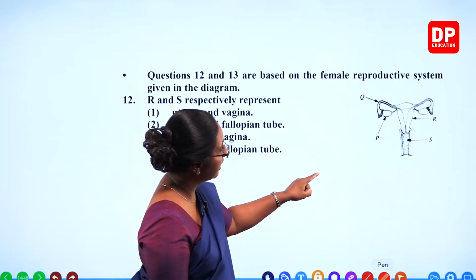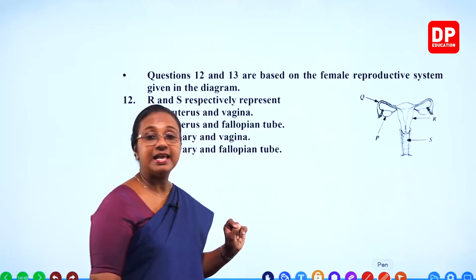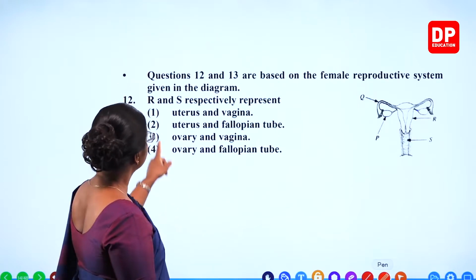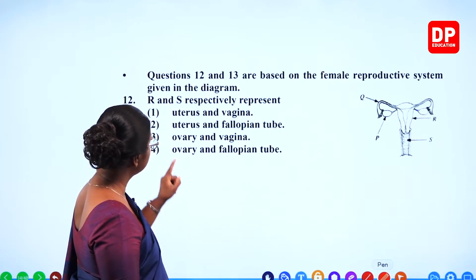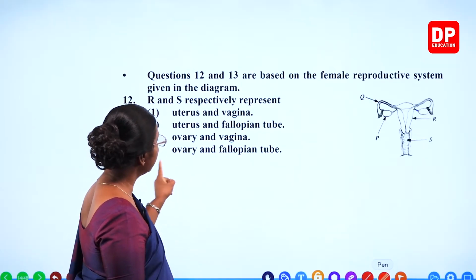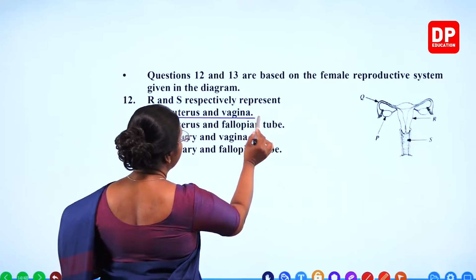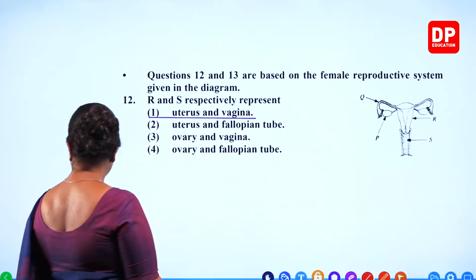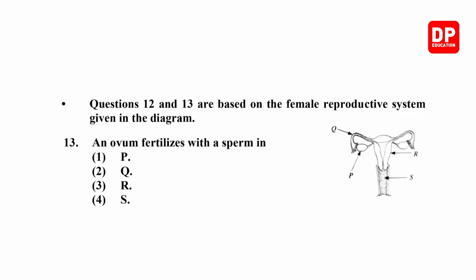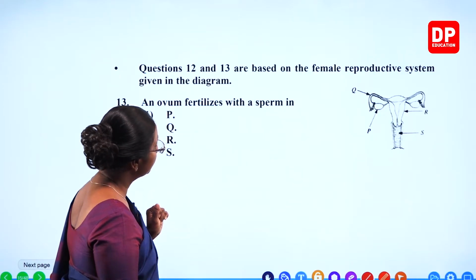We have already identified R as the uterus and S as the vagina. The options are uterus and vagina, uterus and fallopian tube, ovary and vagina, ovary and fallopian tube. So, it is uterus and vagina. Is that clear? Then the next question, the same diagram is given to us. I have already explained it. Question 13: an ovum fertilizes with a sperm.